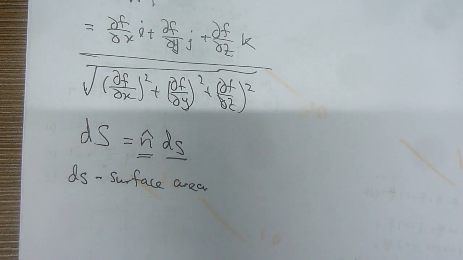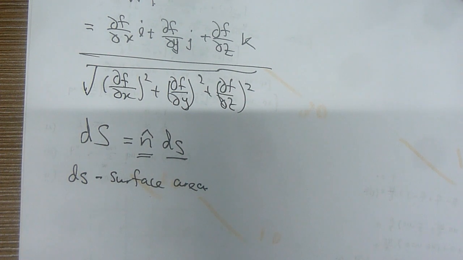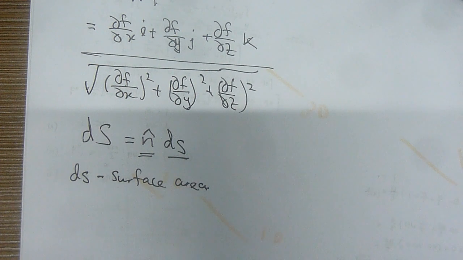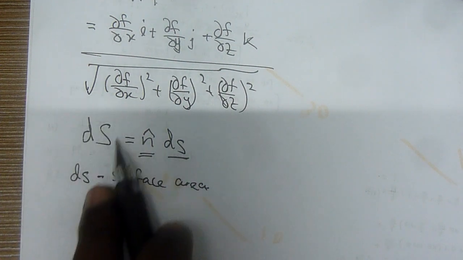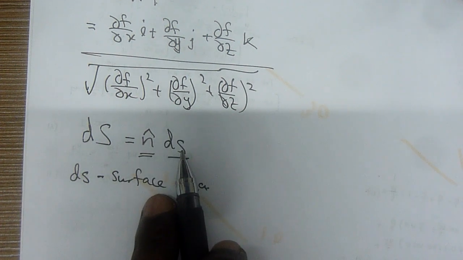This is really confusing when you refer to books. Students, I'm sure you refer to many books also. Sometimes you tend to get confused because the usage of symbols is a little bit confusing. Sometimes they use big S, and suddenly why dS big, or is it small, then suddenly n appears?